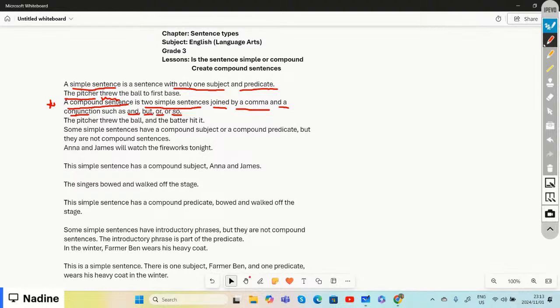Like we said, a simple sentence has one subject and a predicate, but a compound sentence is two simple sentences joined by a comma as well as a conjunction. And a conjunction is words like and, but, or so.